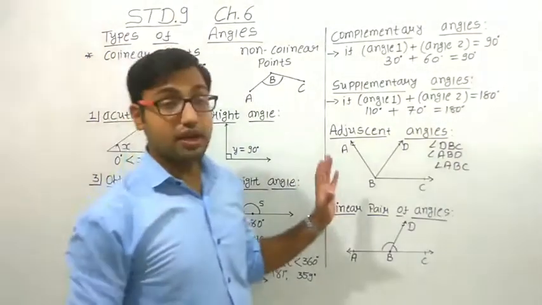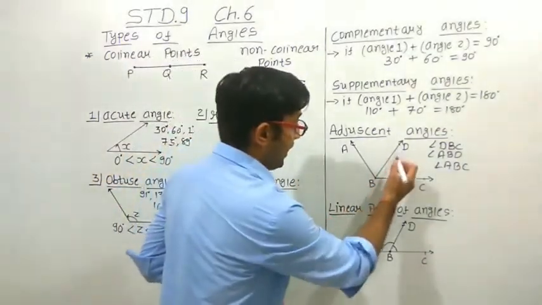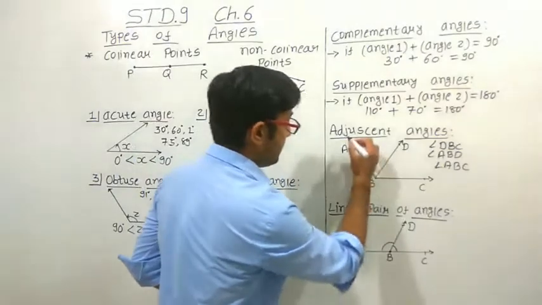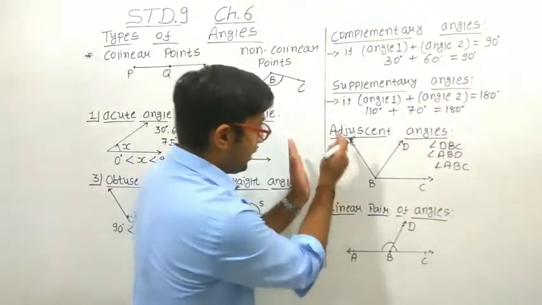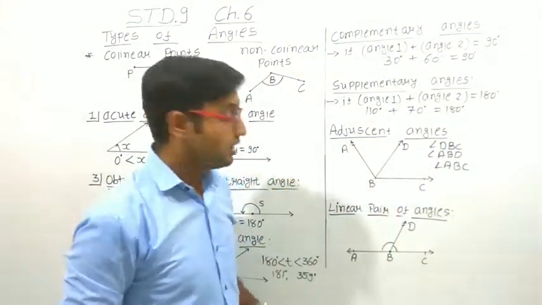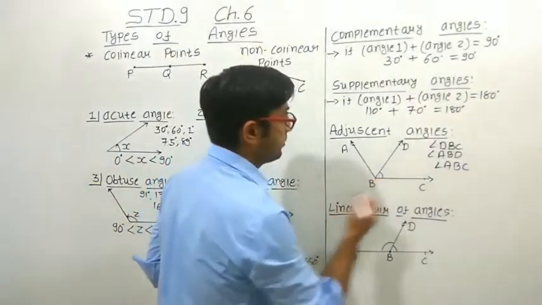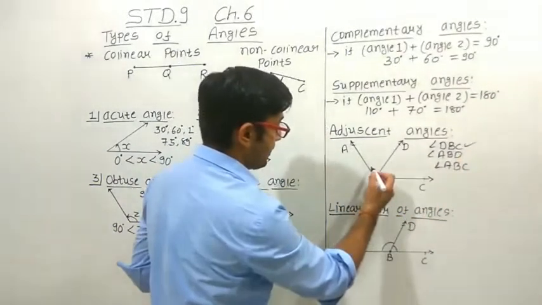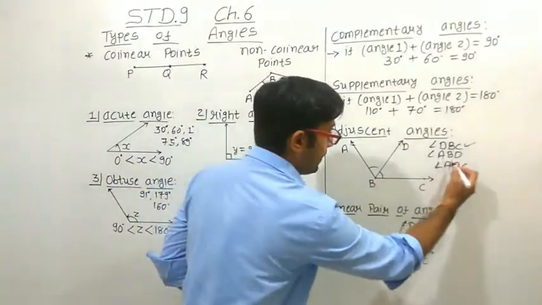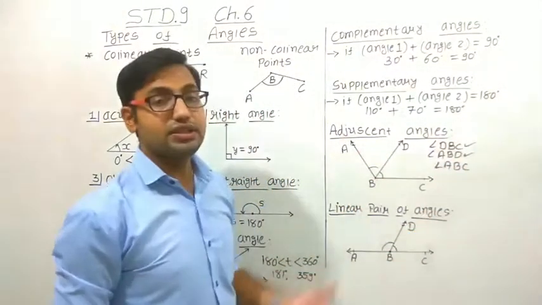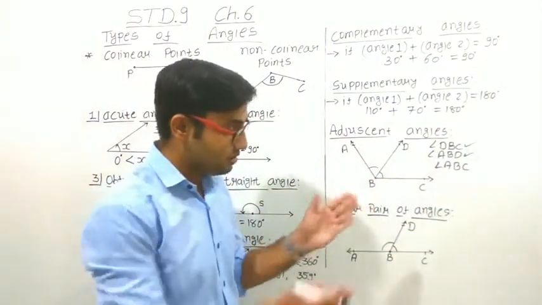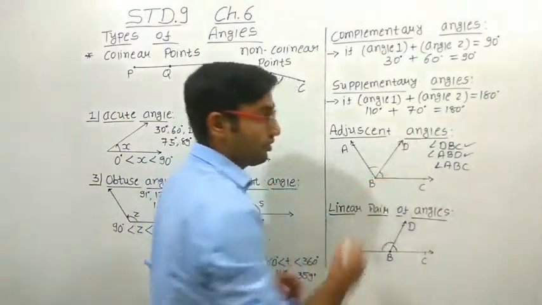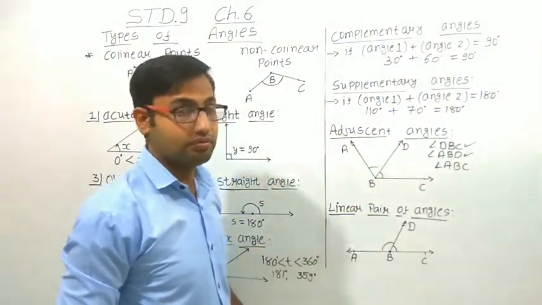So total three angles are there. If we add this angle DBC with ABD, we get the total angle ABC. Then angle DBC and angle ABD are called adjacent angles. Adjacent angles mean they have one common arm, right?